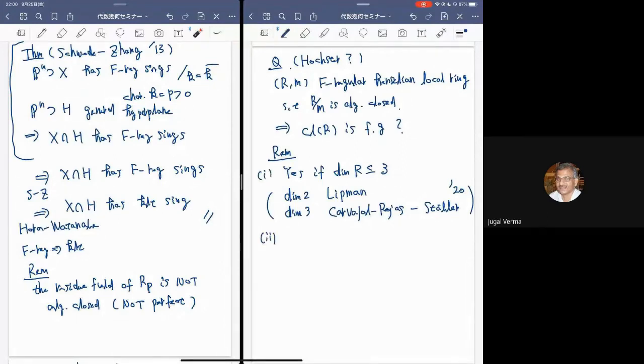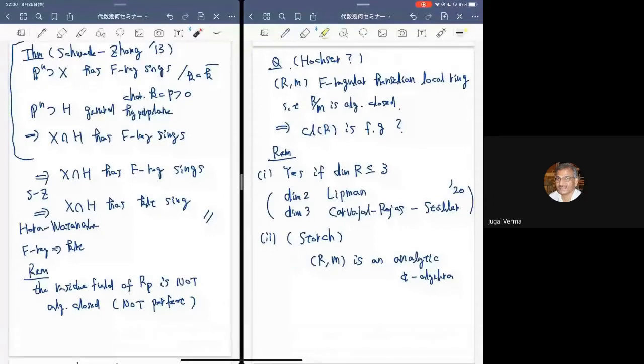Another piece of evidence is the classical result of Flenner.